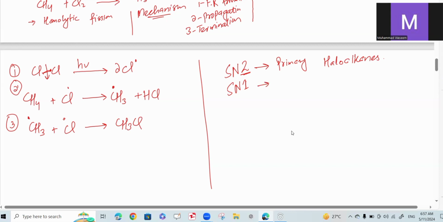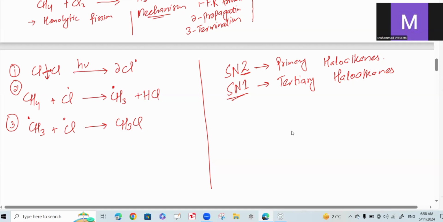And when we have tertiary haloalkanes, they show the substitution reaction in one step. So this is called unimolecular. The upper one is called bimolecular nucleophilic substitution reaction because it has two molecules involved, while the other has only one molecule, in which a carbocation is formed, and then in the next step the nucleophile attacks.